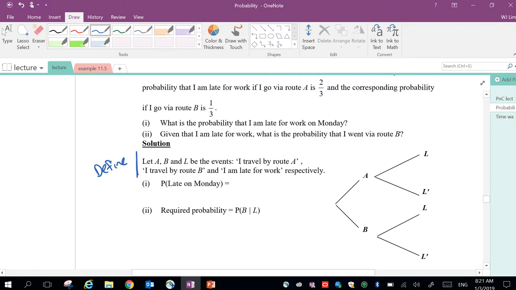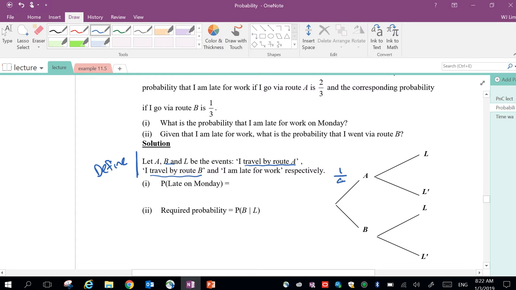Every example I ask you to define, please remember that. A is traveled by route A, B is traveled by route B, L is late for work. This is what I define the events to be.